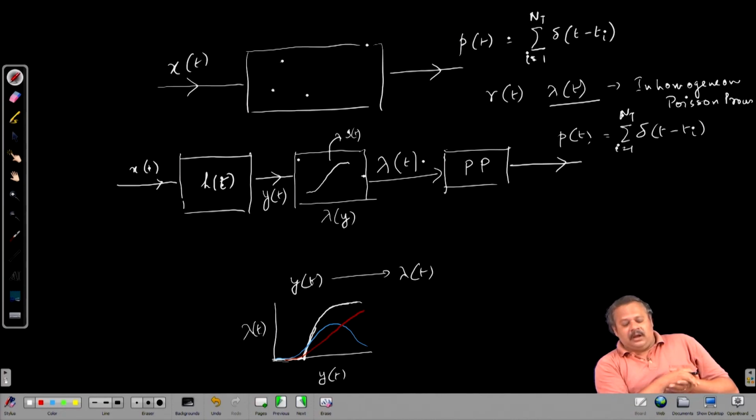So, now we are left with the task: if we want to find out what pt is going to be given any xt, we need to be able to find this nonlinear function and ht. Actually, if we know ht, that nonlinear function can be easily estimated from the available observations. So, this whole problem boils down to finding ht.